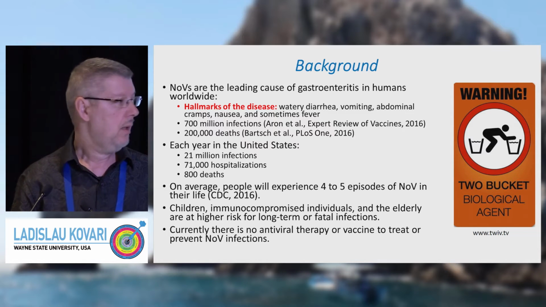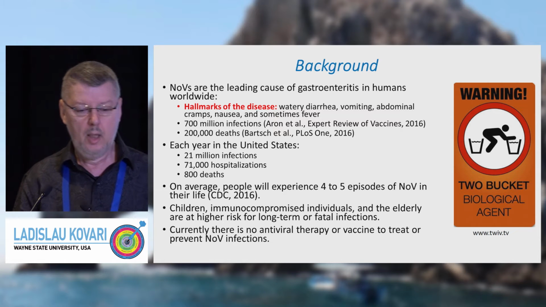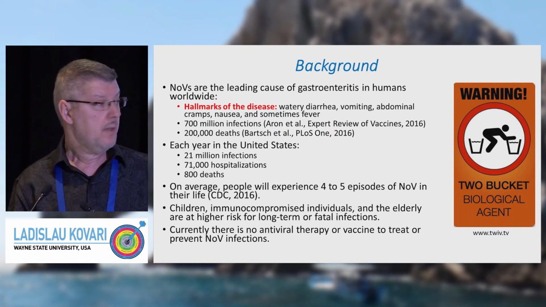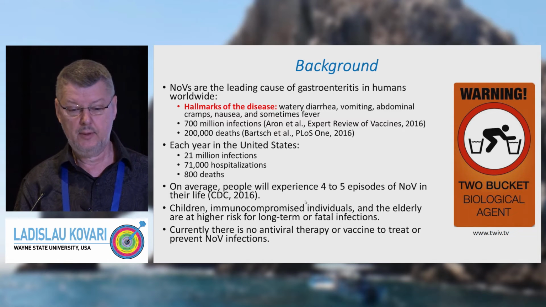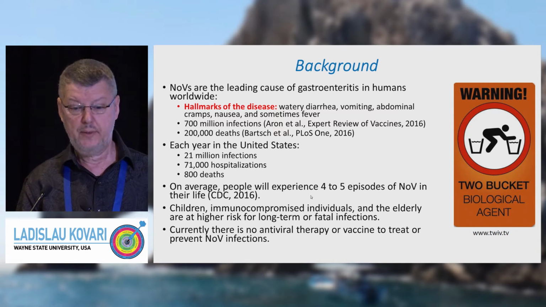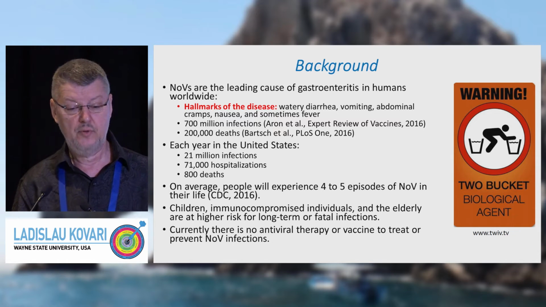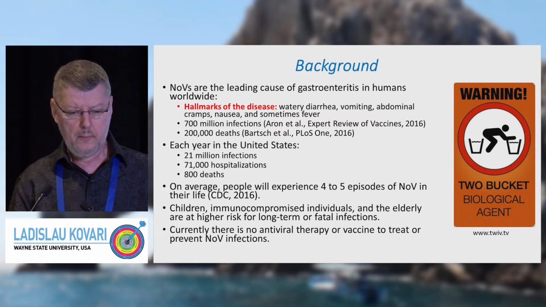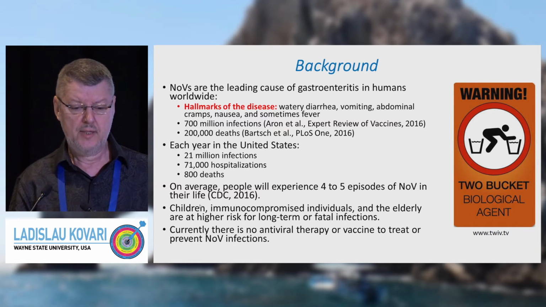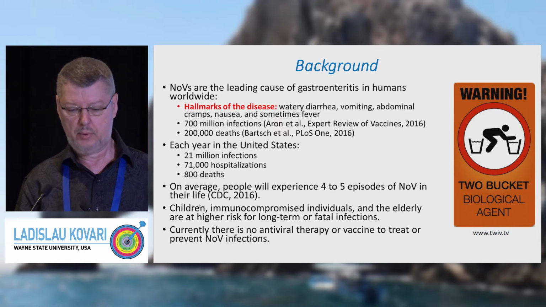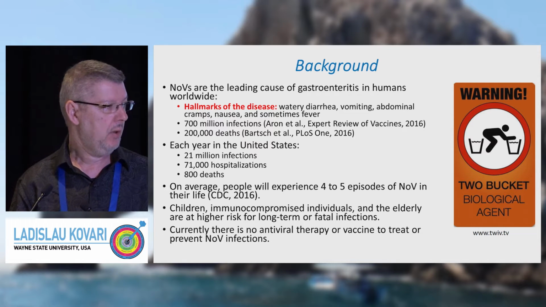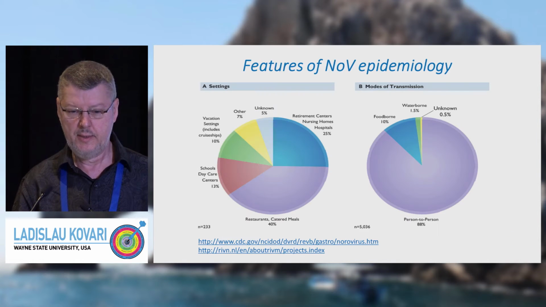In the US, annually there are about 21 million infections, resulting in about 800 deaths. The CDC estimates that the average person will experience 4 to 5 episodes of norovirus infection during their lifetime. The biggest concern is regarding children, immunocompromised individuals, and the elderly. Currently, there are no antivirals or vaccines.